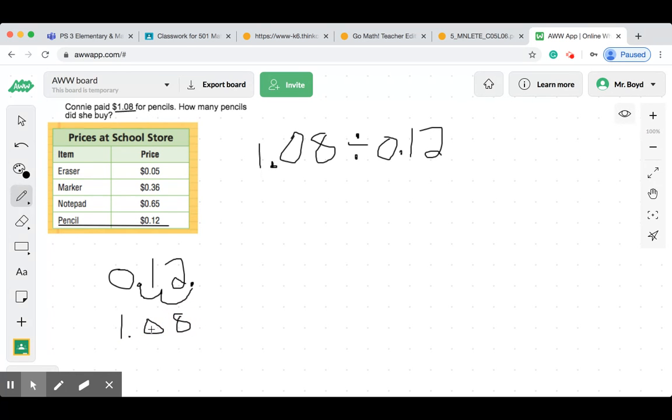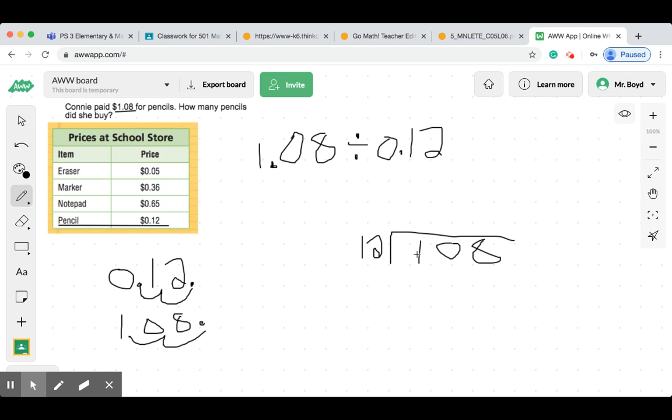I am going to have to move my decimal point 2 place values to the right, because whatever we do to the divisor, we must do to the dividend. So now my division problem is going to read as 108, because we moved our decimal point 2 places to the right, divided by 12.